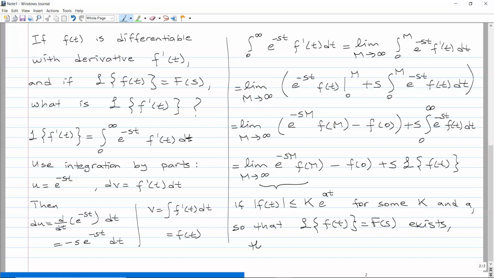In this case, this limit is going to be 0 for s greater than a.